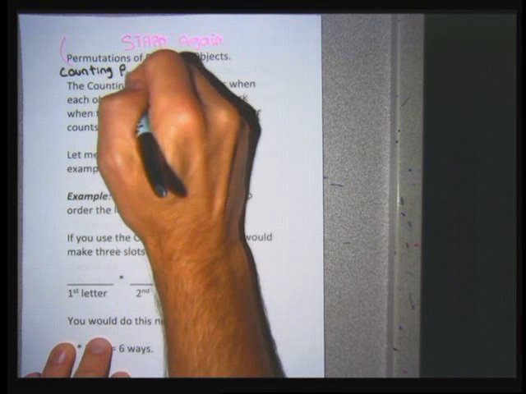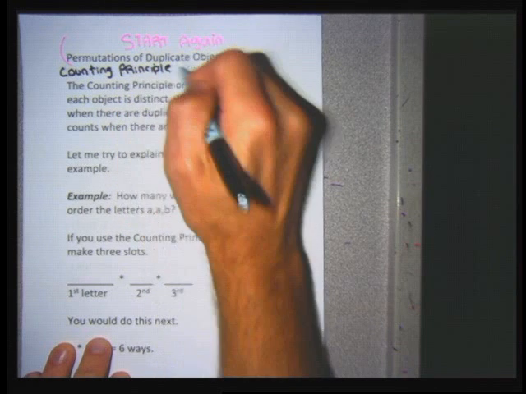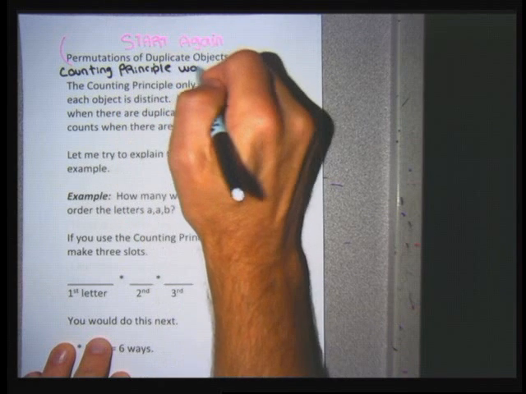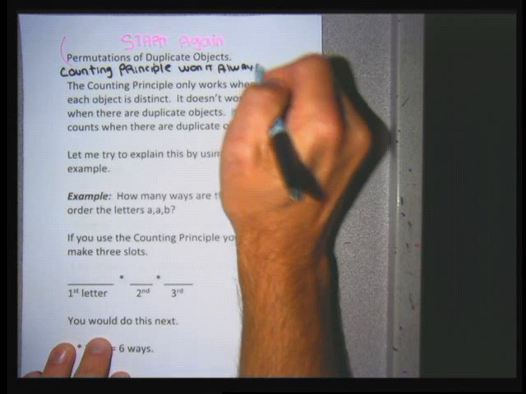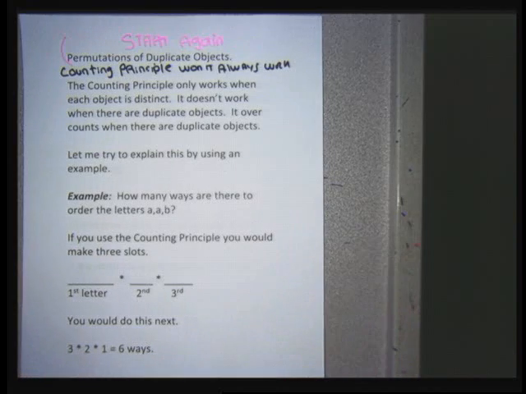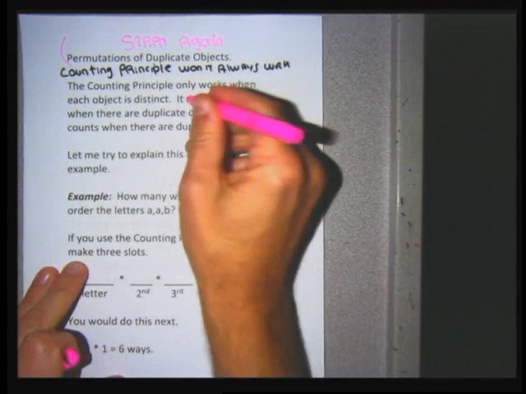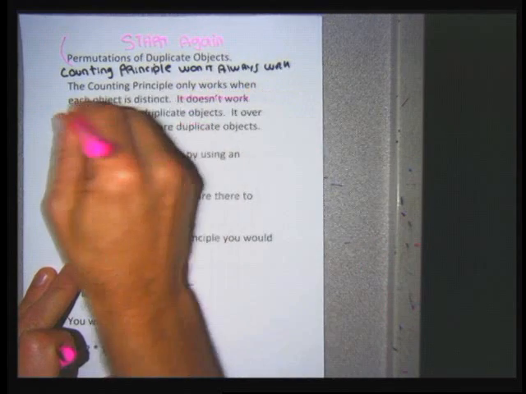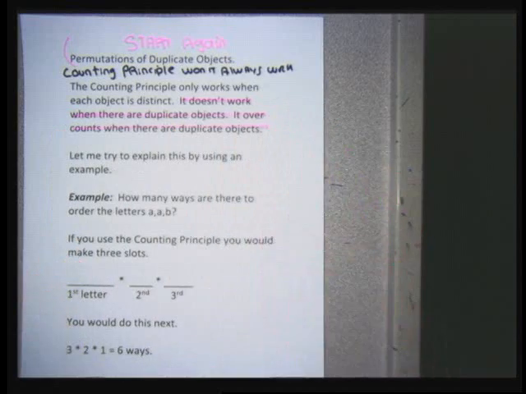The counting principle is essentially making lines and multiplying. And when won't it work? It doesn't work when there's duplicate objects. When there's duplicate objects, it overcounts. And this is what I'm going to try to explain to you right now.